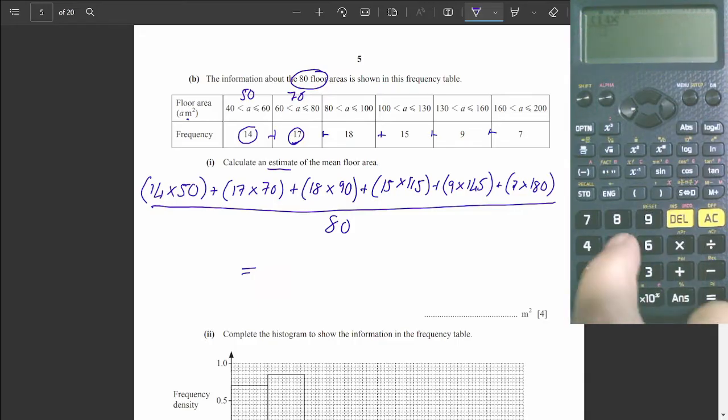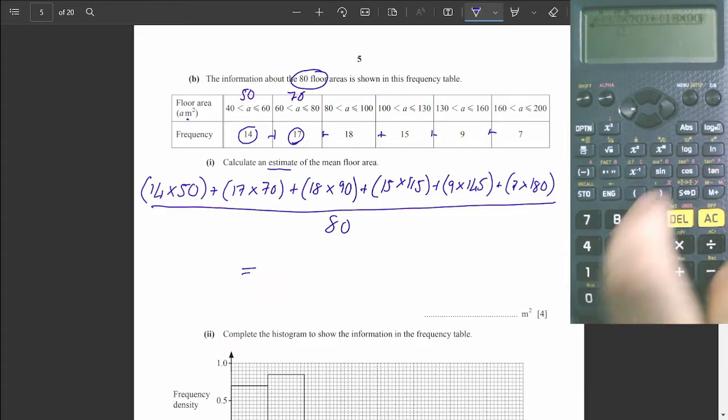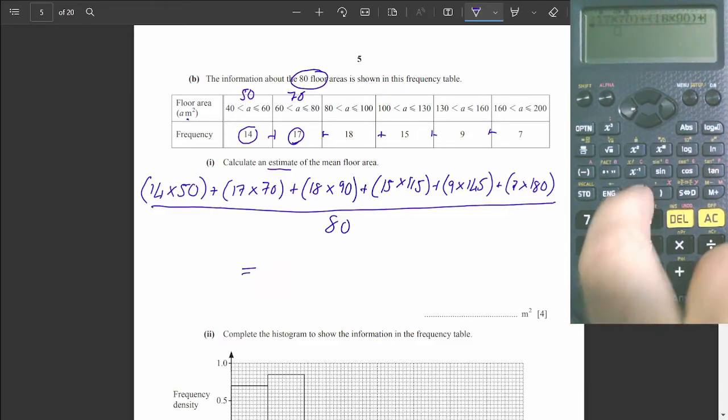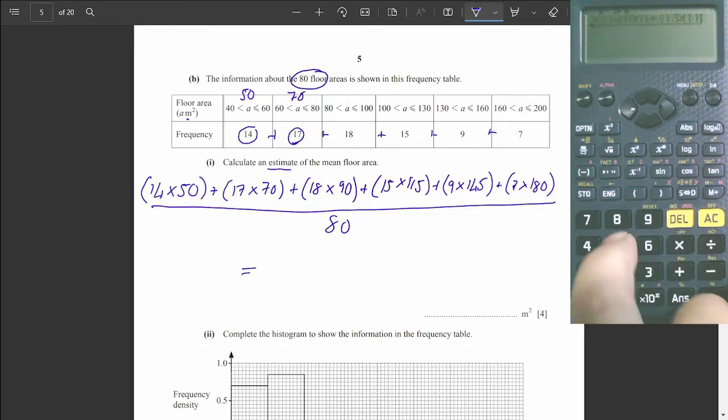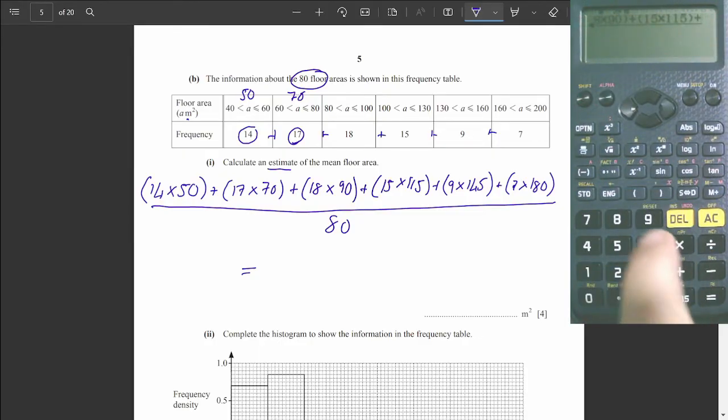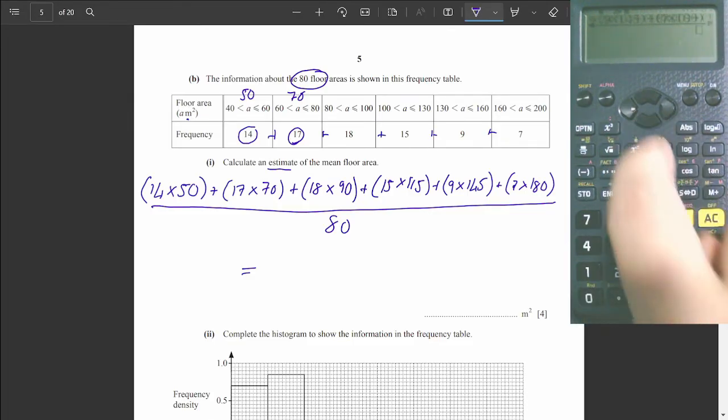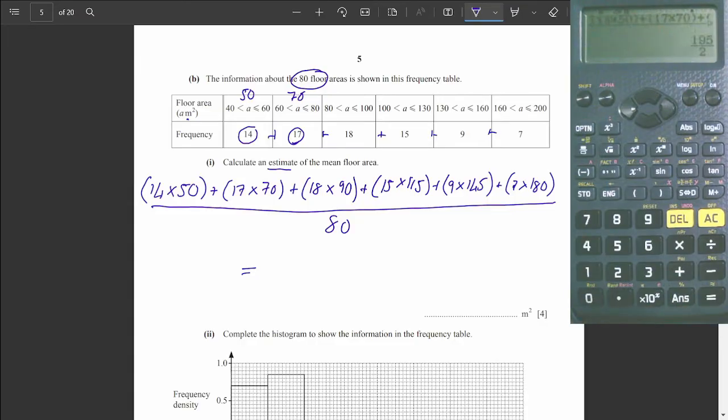Putting it all at once is always best. So what I get is 97.5.